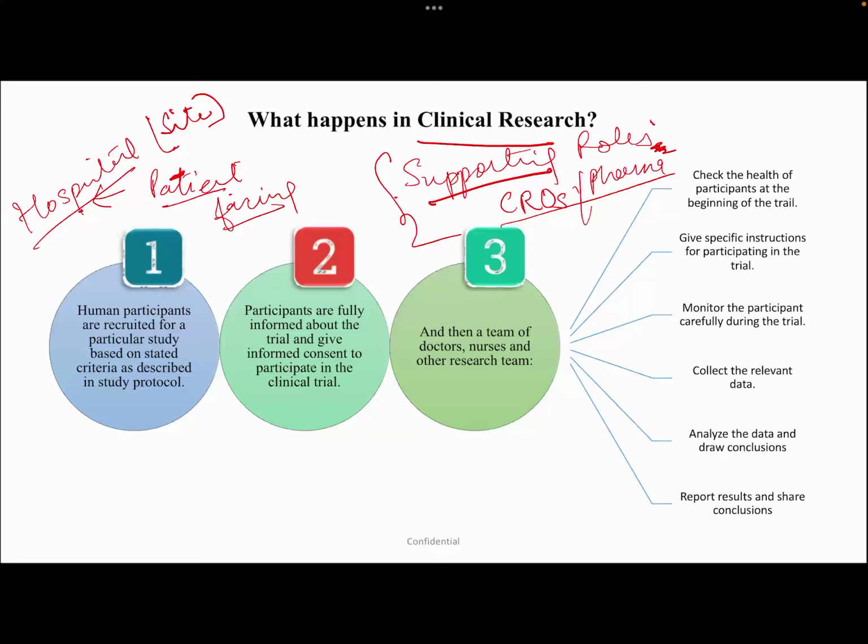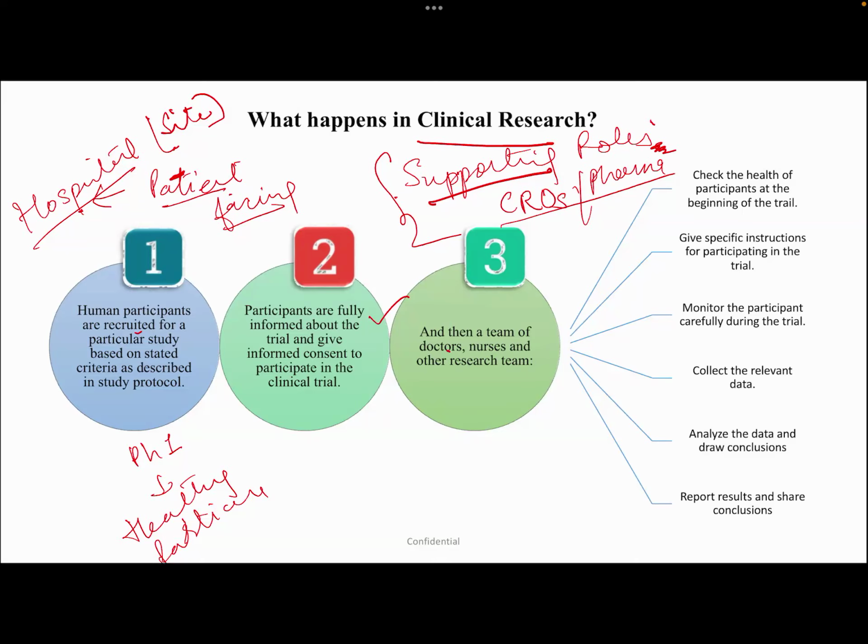So human participants are recruited in a particular study based on the admission criteria. Suppose it is a phase 1 study, that means you will be taking healthy people. So based on the criteria, they recruit. Research participants are always fully informed that you will be given a drug and this is research.